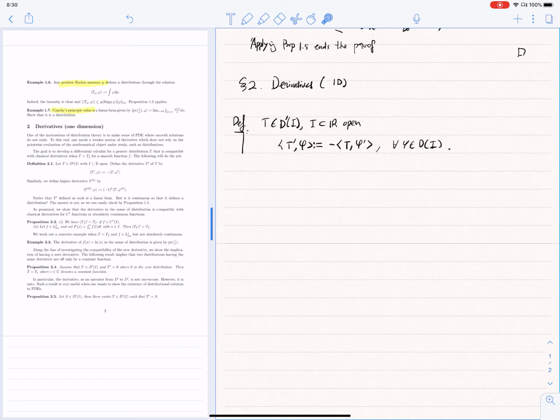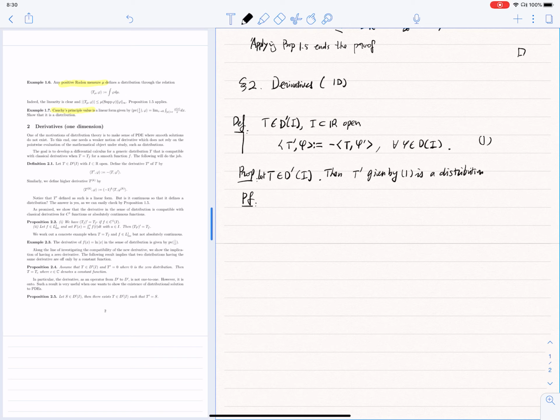So we are going to use proposition 1.5 again to check that this defines indeed a distribution. So here's what I'm going to do. Let T be a distribution. Then T prime, given by this formula, let me call it formula 1, is a distribution.